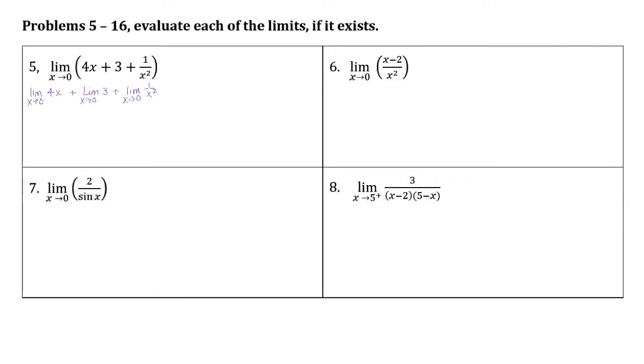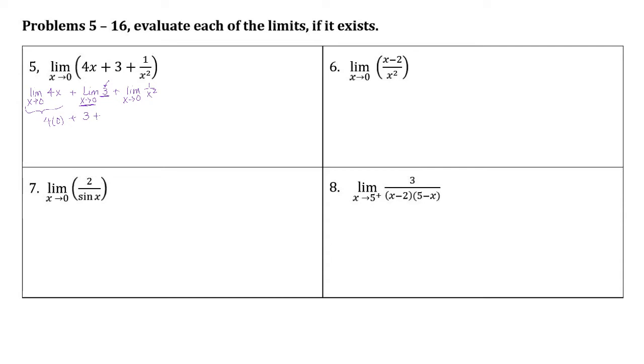So from this first limit, that's going to be 4 times 0, plus, this is a constant value, 3. What this implies is, if you just have a number here, it doesn't matter what x is approaching, your answer is just that constant value.